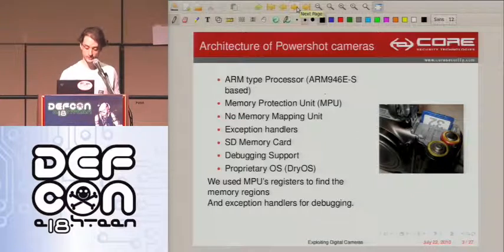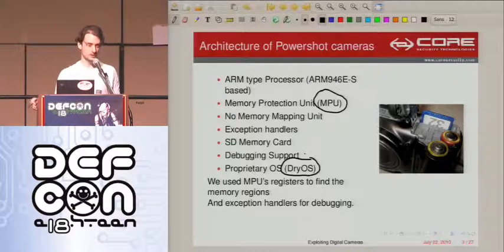They have a memory protection unit, so they really can run a secure operating system, but they run an operating system nevertheless. Canon digital cameras use DryOS, an operating system built by Canon, and well, that's about it. We have complete computers.